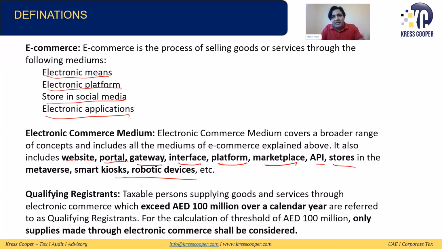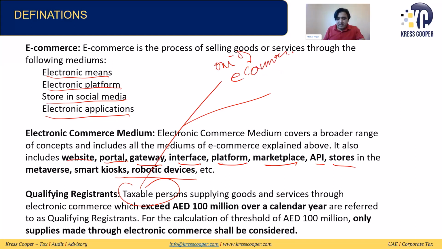The important thing is the value of the supply made through the e-commerce medium. If the taxable person makes some supplies outside the e-commerce medium and some through e-commerce, the important thing is that we need to look into this 100 million.